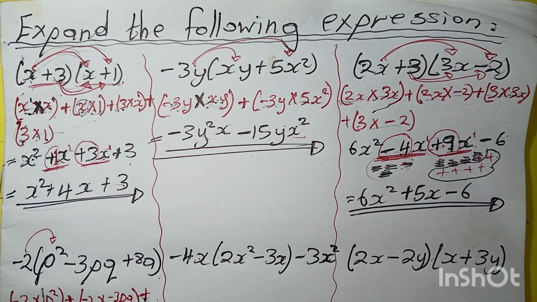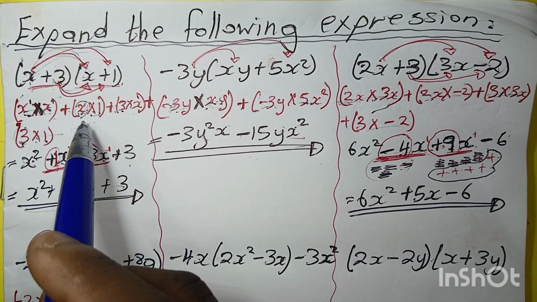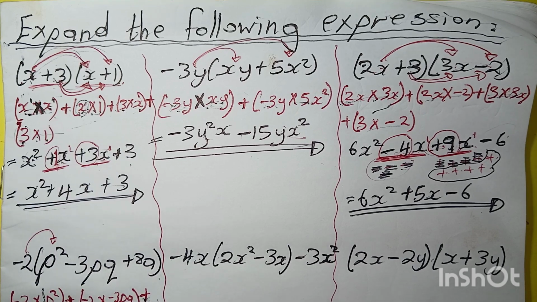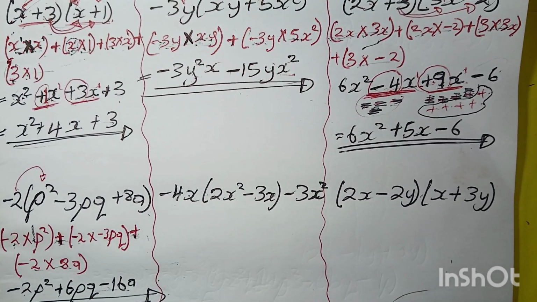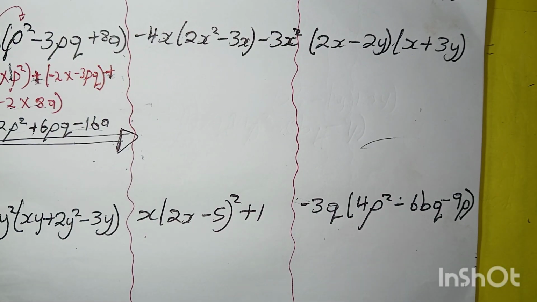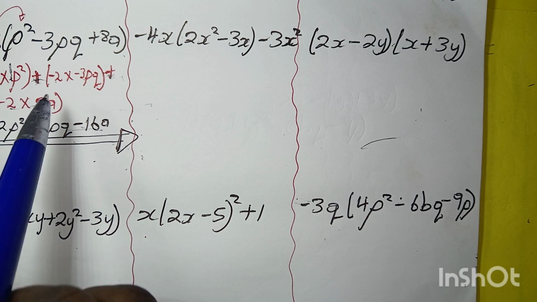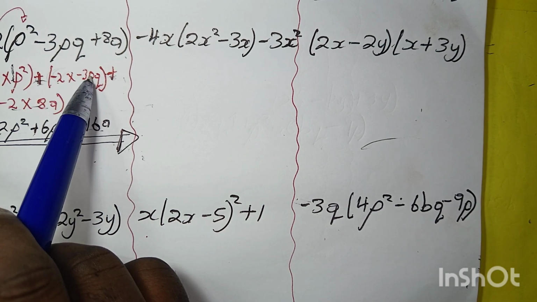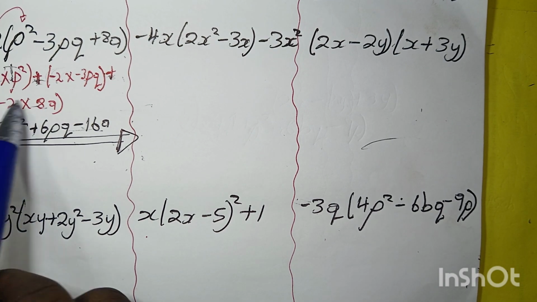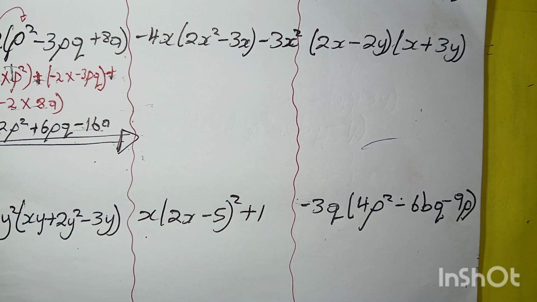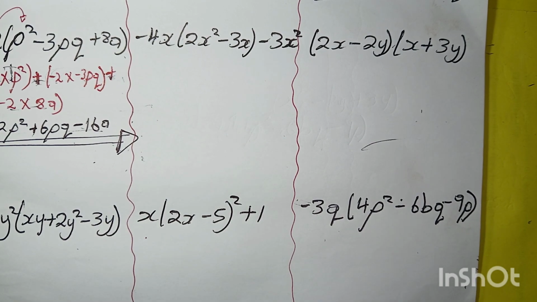Do you understand? They will just disappear, this positive. You will understand as time goes why they disappear. So now just take it that they disappear. We only deal with what is inside the brackets. Do you understand? Yeah. So even this one is kind of confusing, but it's easy and straightforward.